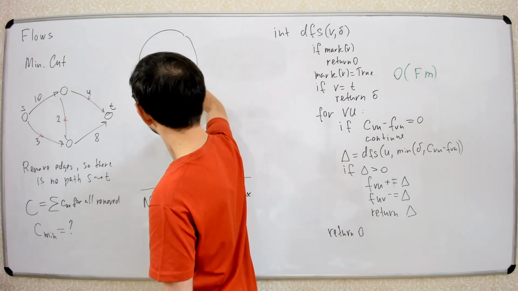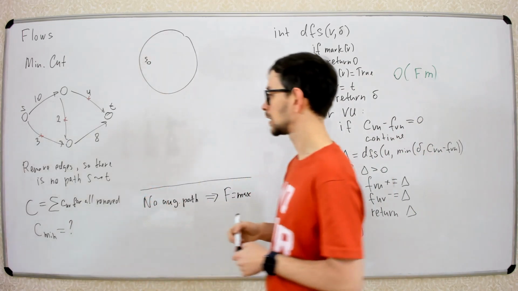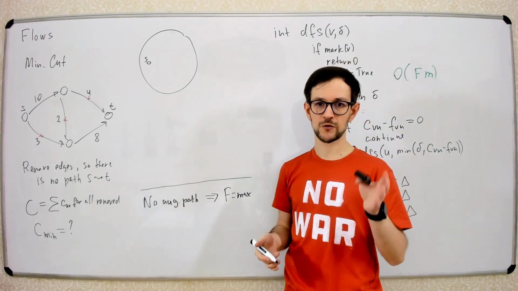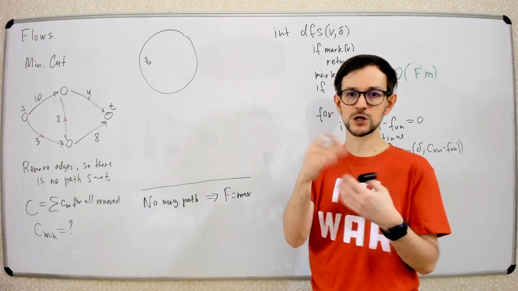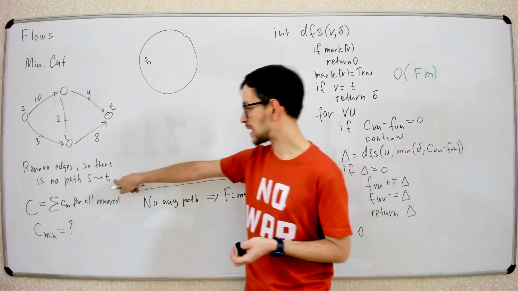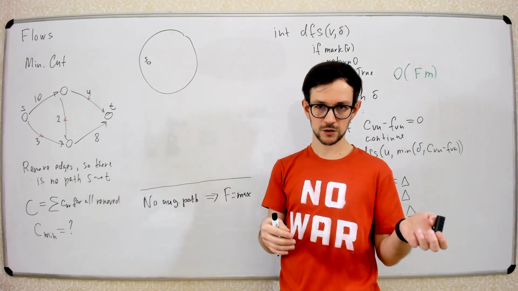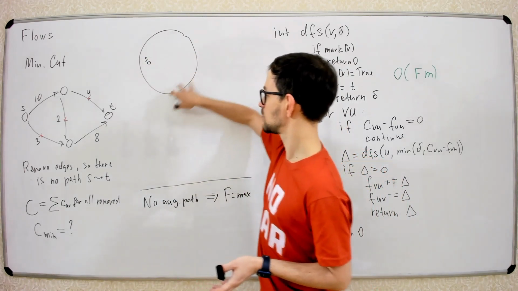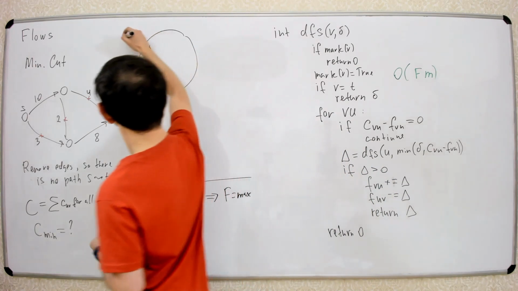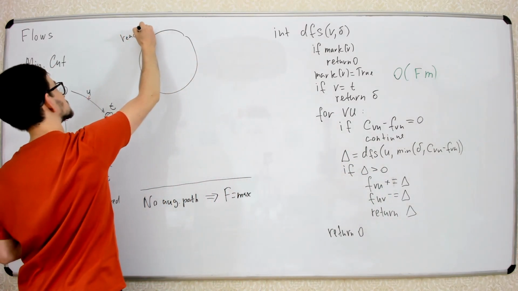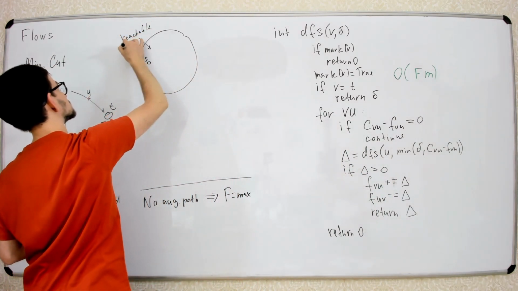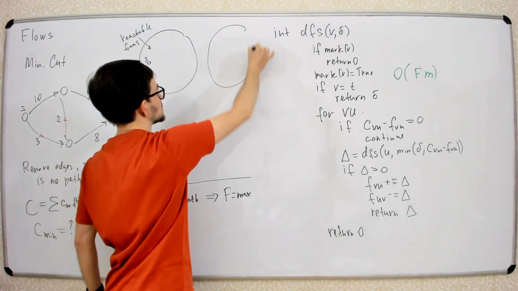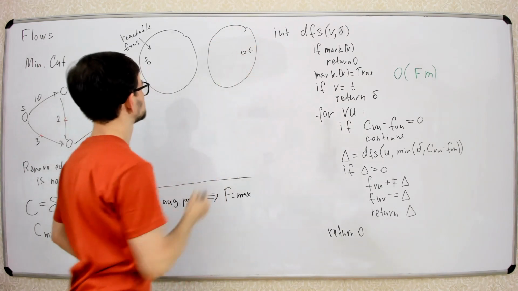What does a cut mean? You have vertex S. You removed some edges from your graph. Let's mark everything which is reachable from node S. So we removed some edges. Now node T is not reachable from S. So these nodes are reachable from S, and these nodes are not reachable from S. And T is here.